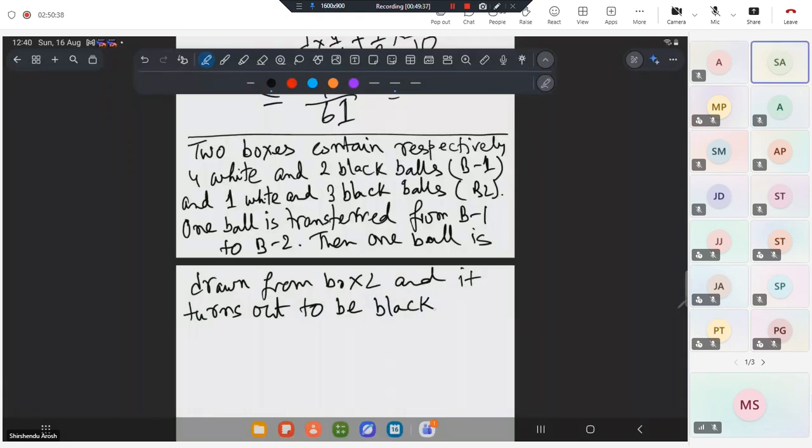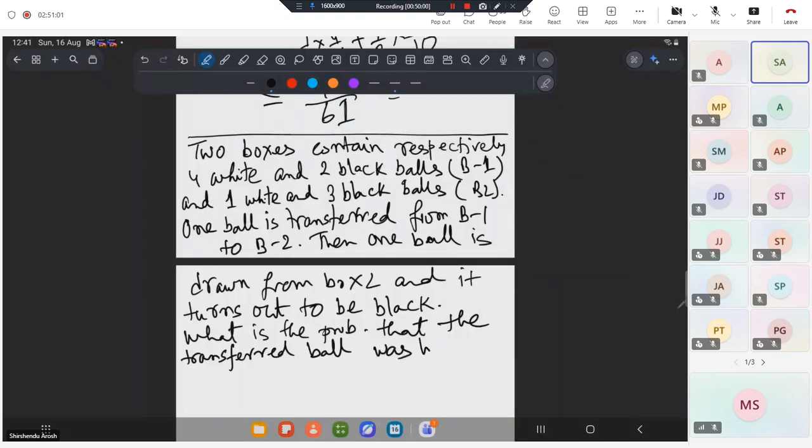What is the probability that the transferred ball was white?